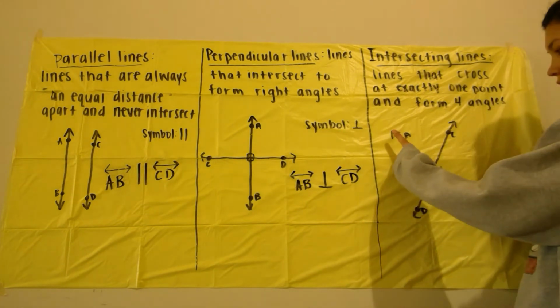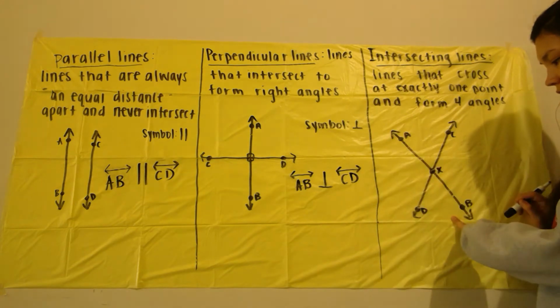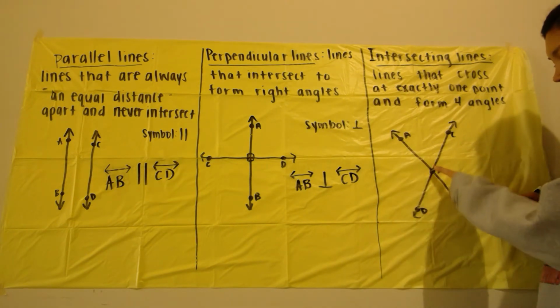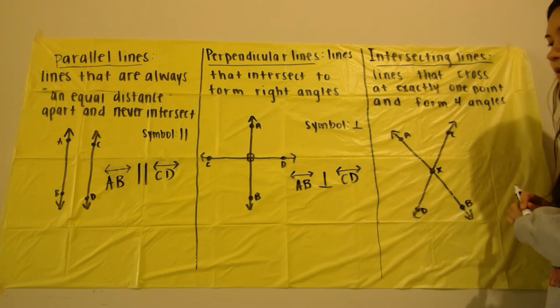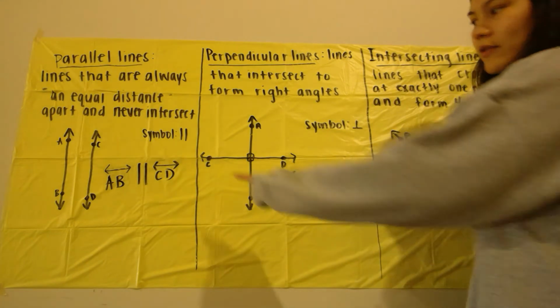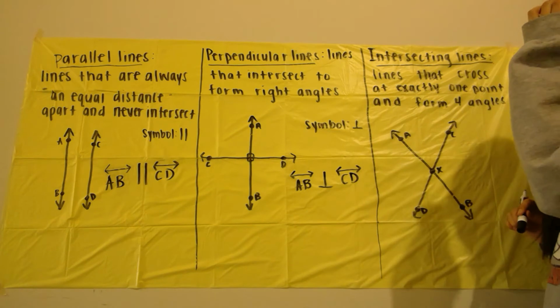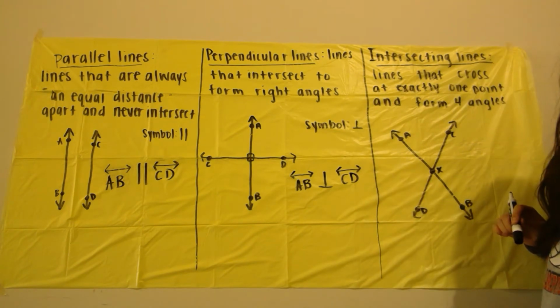So here we have a line AB intersecting line CD at point X. And intersecting lines don't have a symbol like parallel lines and perpendicular lines. You just write intersecting.